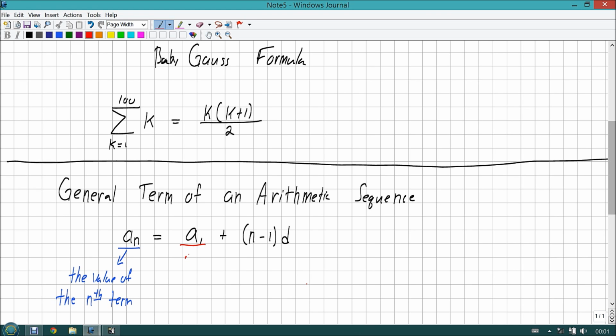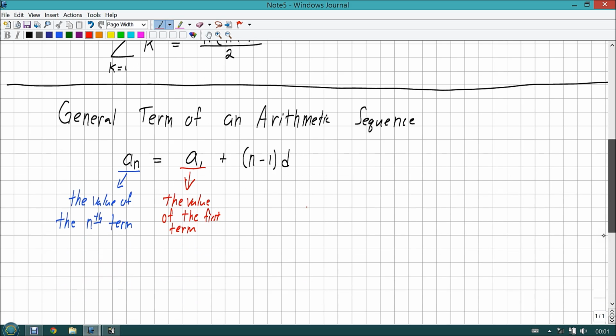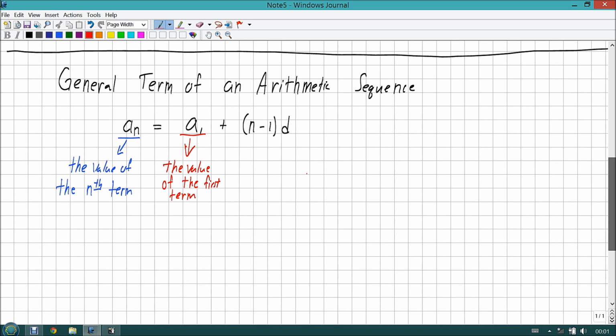A sub 1 represents the value of the first term. This is also called your starting value. That's where you begin.